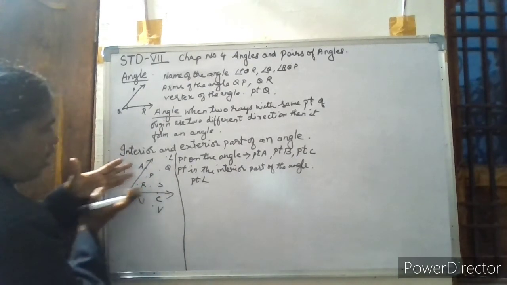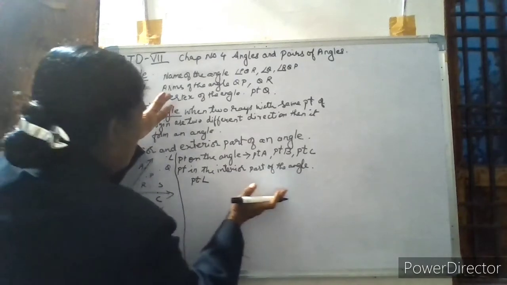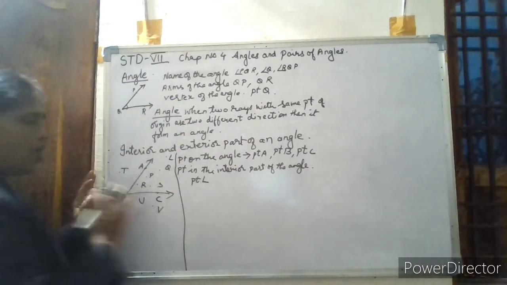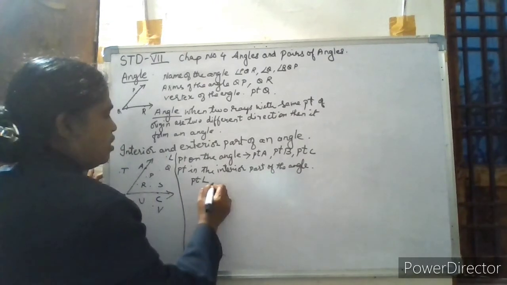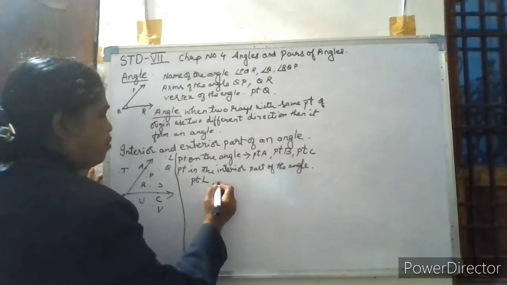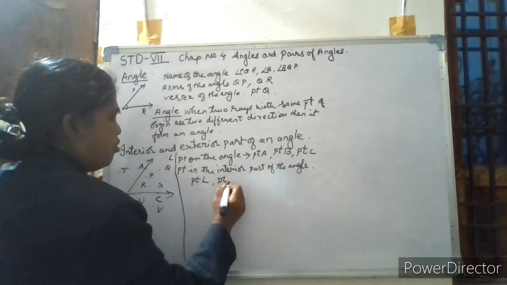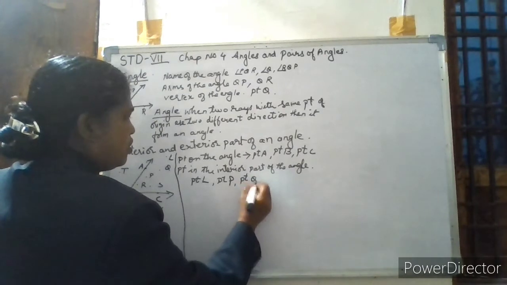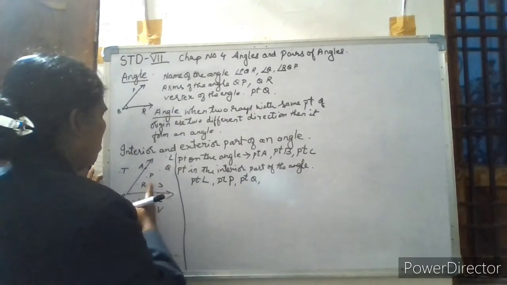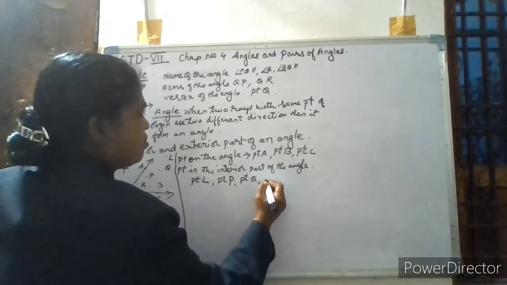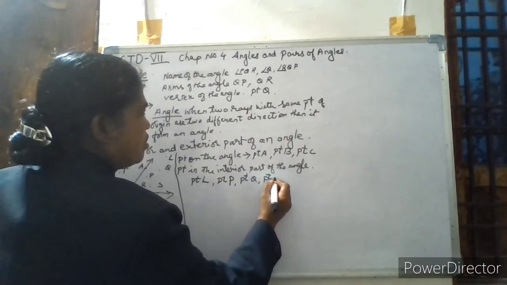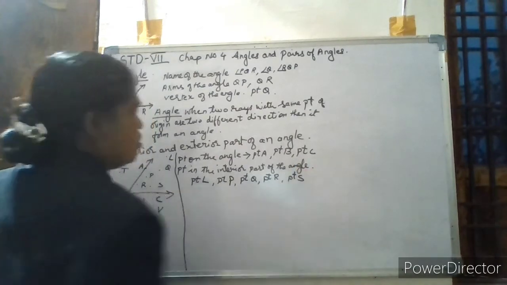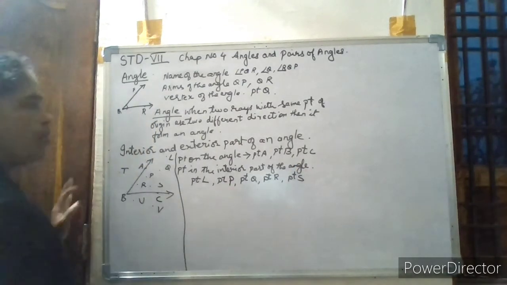See, the angle goes inside, I can extend this. Whatever comes here, all will be the interior part of the angle. Point L is in the interior part. Then point P, point Q, R and S. All these are the interior part of the angle.